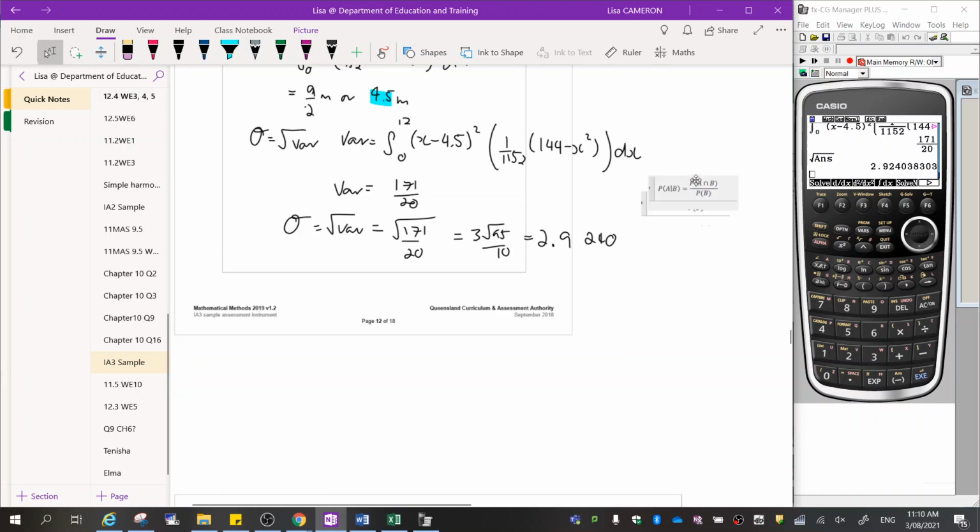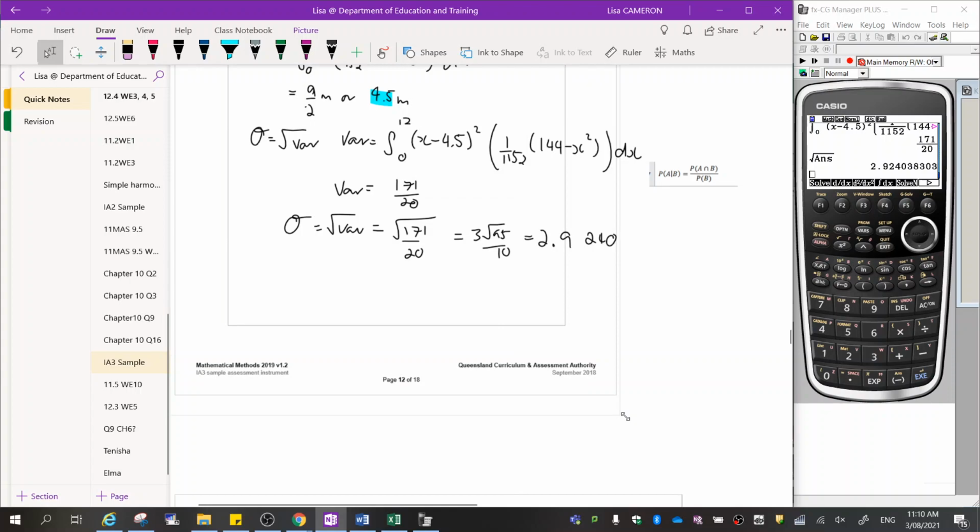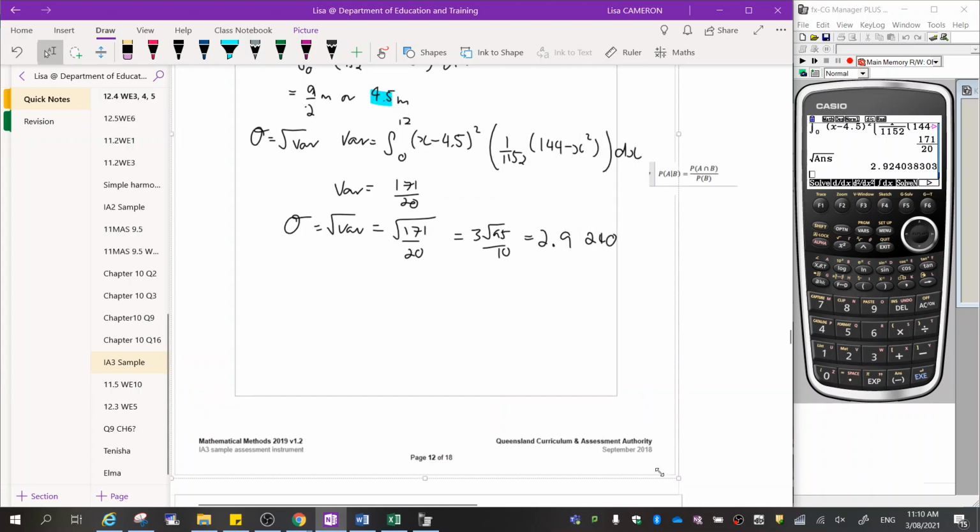It comes up every now and again. There it is. Okay, so in order for us to do this question, it is the probability that X is greater than 2 given that X is less than 4.